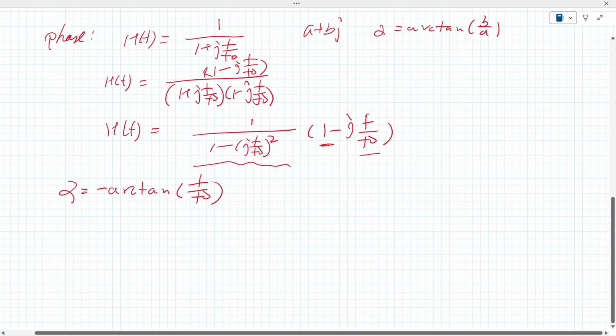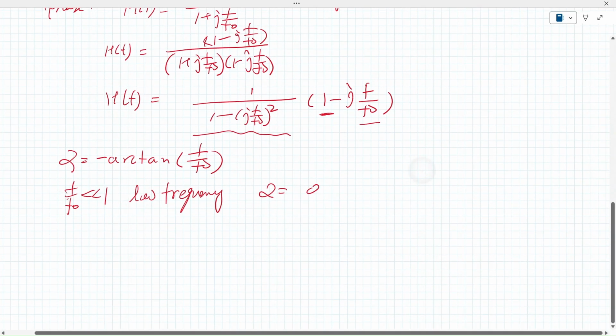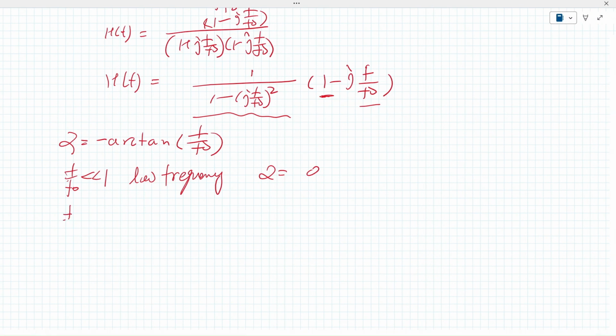Now, similarly, we have three situations to discuss. The first is when f over f naught is much smaller than 1. It's very low frequency. At low frequency, alpha approaches 0 degrees. That means no phase change. And when f over f naught equals 1, at the cutoff frequency, we have alpha equals minus 45 degrees or minus pi over 4.